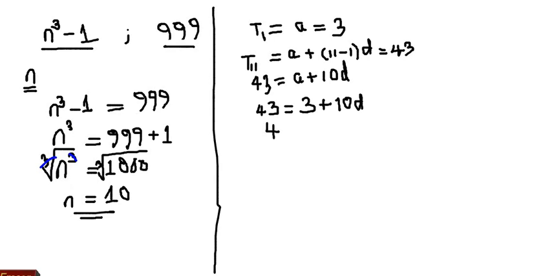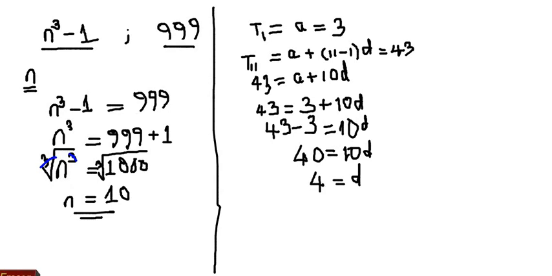So we group the like terms together so that we have 43 minus 3 is equal to 10d, which leads to 40 is equal to 10d. To get d, we divide both sides by the coefficient 10, meaning the common difference is 40 divided by 10, which is 4. So the common difference is 4.